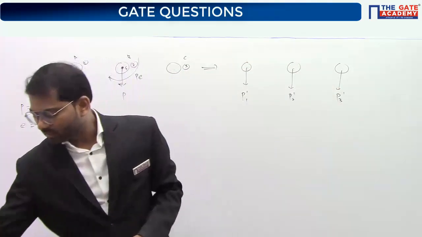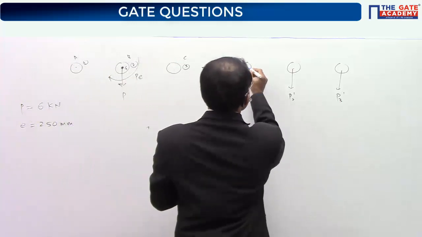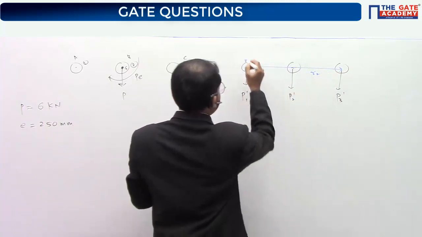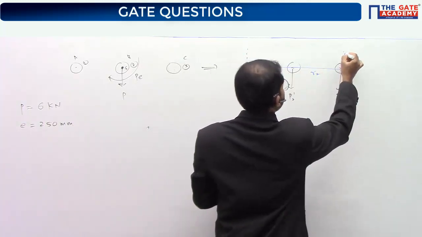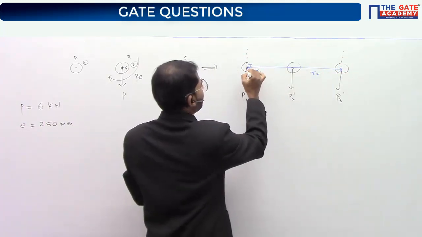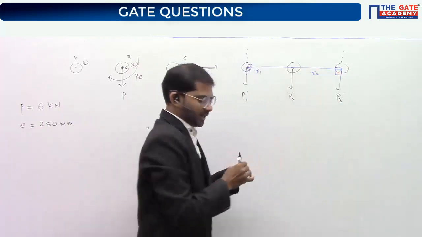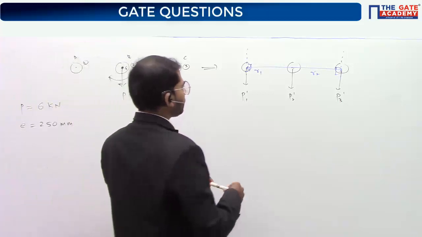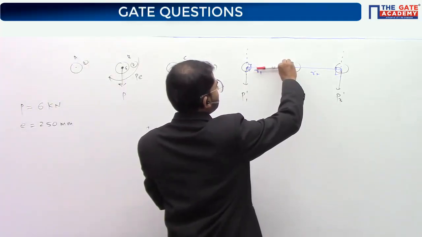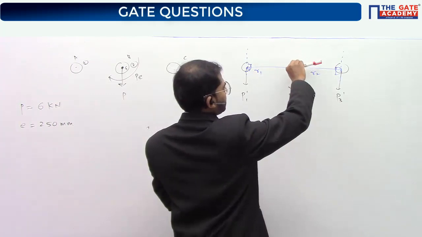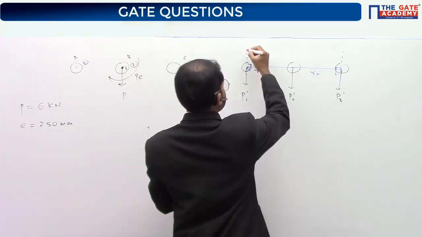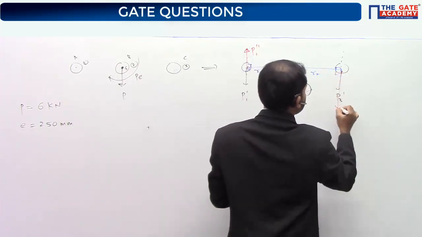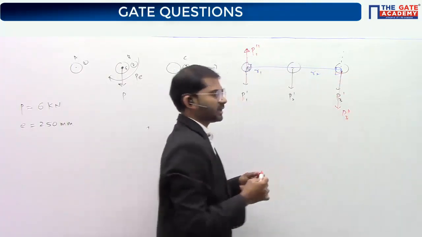Now take these radial distances, R1 and R2, dropping the perpendicular like this. To create the clockwise rotation, the secondary load on this rivet should be in this particular direction.